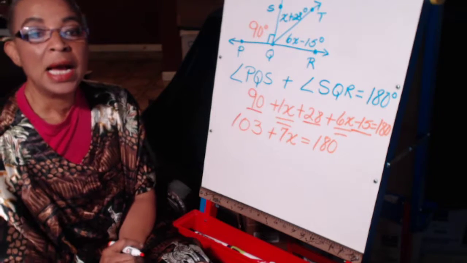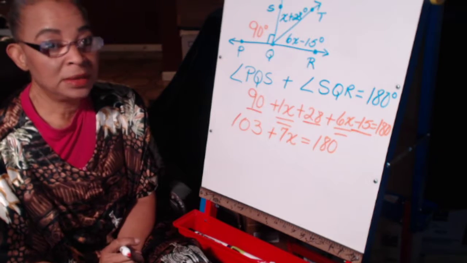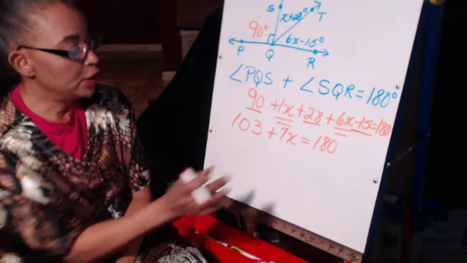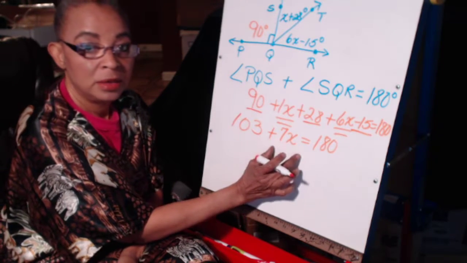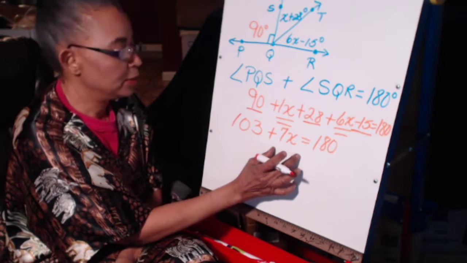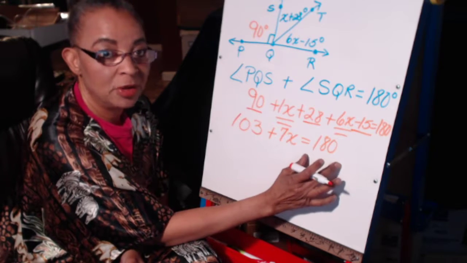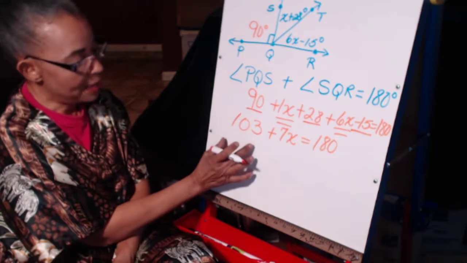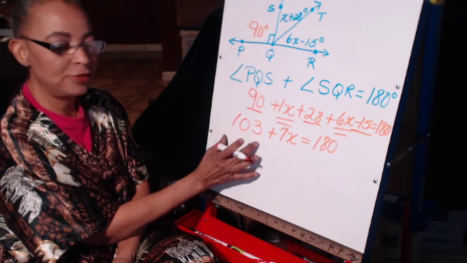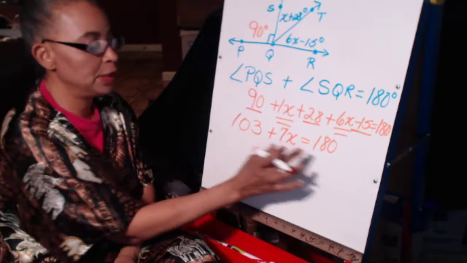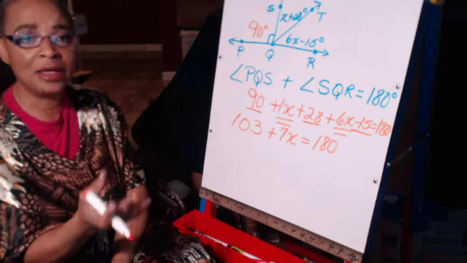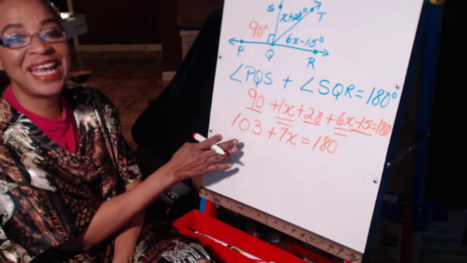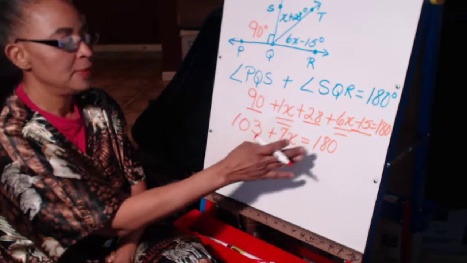Well, our goal is still the same. It hasn't changed. We still want the letter on one side of the equal sign and the numbers on the other side. So that means now I still have to move this 103 to the other side. Now, how do I do that? That means I must cancel it from this side.